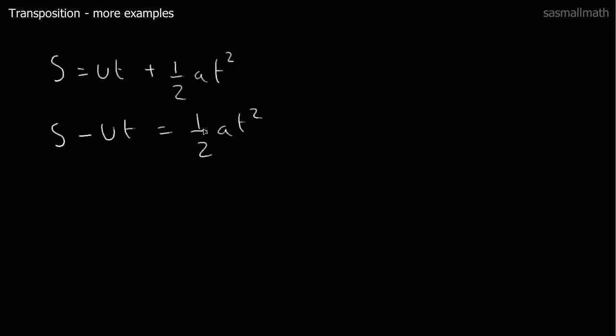Now usually what I do is I show that as a t squared over 2, but I'll just show it works if we look at it as a half multiplying this. So if it's multiplying, we divide both sides by half. So let's do that.